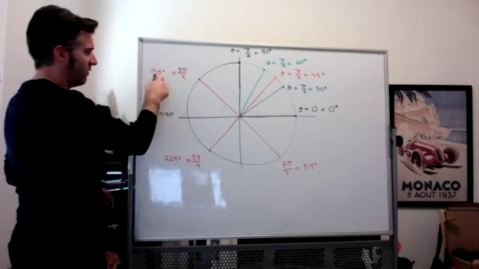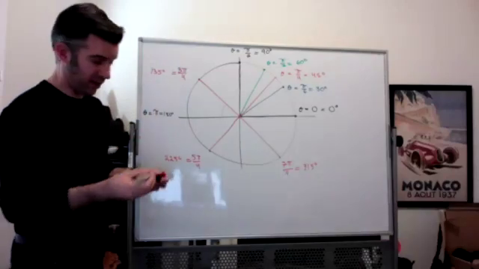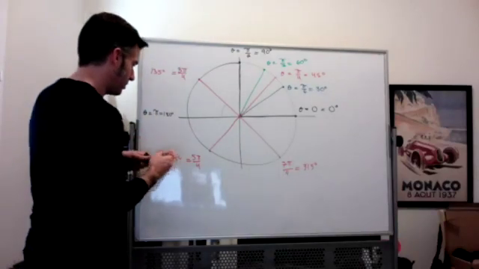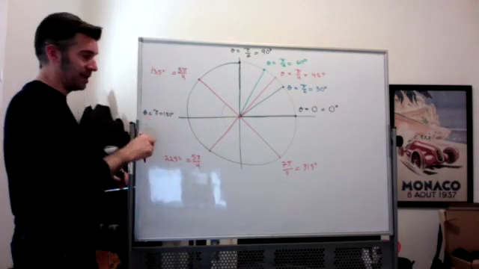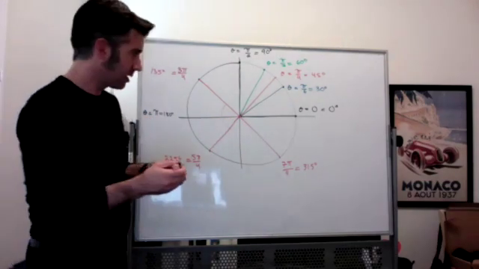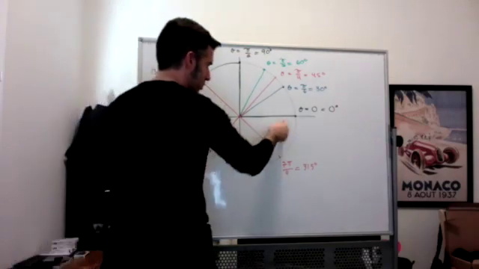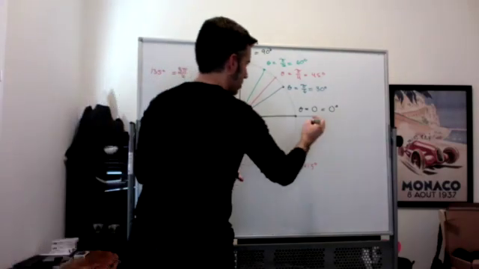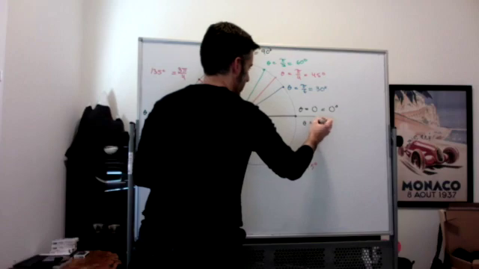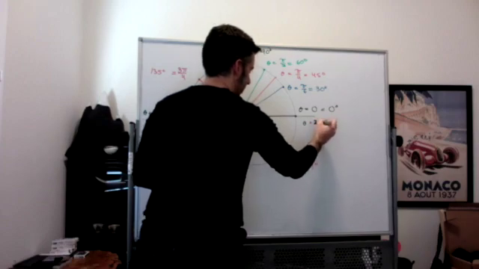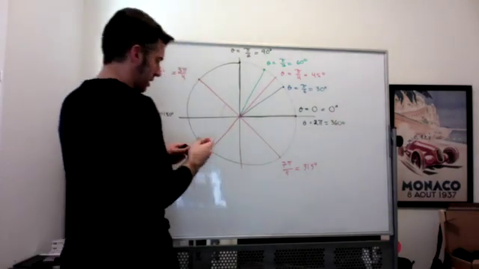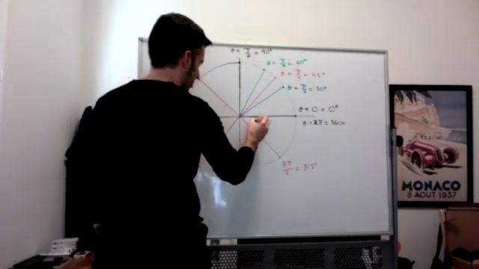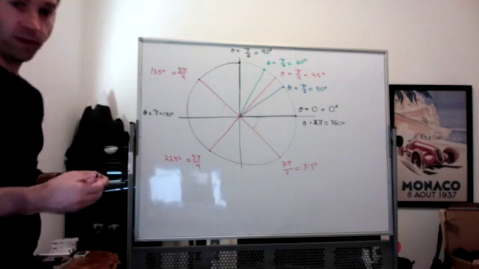So from 135 to 180, the angle is 45 degrees. Or from 225 back to 180, the angle is 45 degrees. And from 315 up to 360 degrees, which is 2 pi radians, the reference angle is again 45 degrees, or pi over 4 radians.